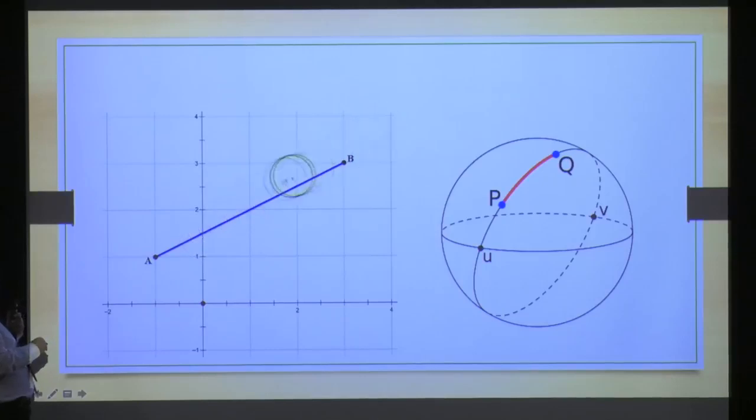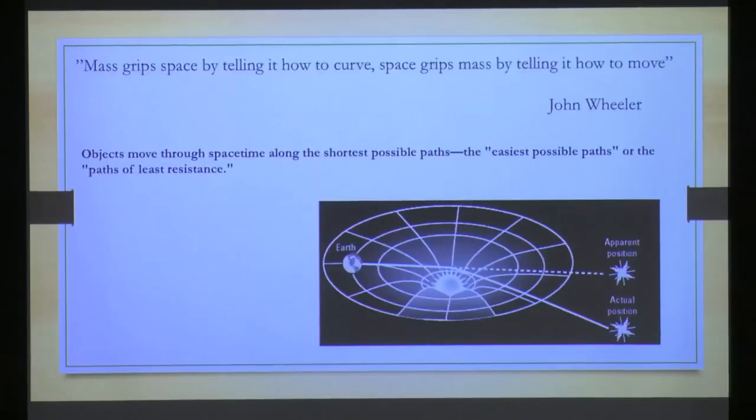From A to B, this is a straight line. On the Earth, for those of you who look when you take a plane, what the curvature is, it's never a straight line. It's always a curve. So the shortest distance in a curved space-time is not the straight line. So objects move through space-time along the shortest possible path. And this is what you see here.